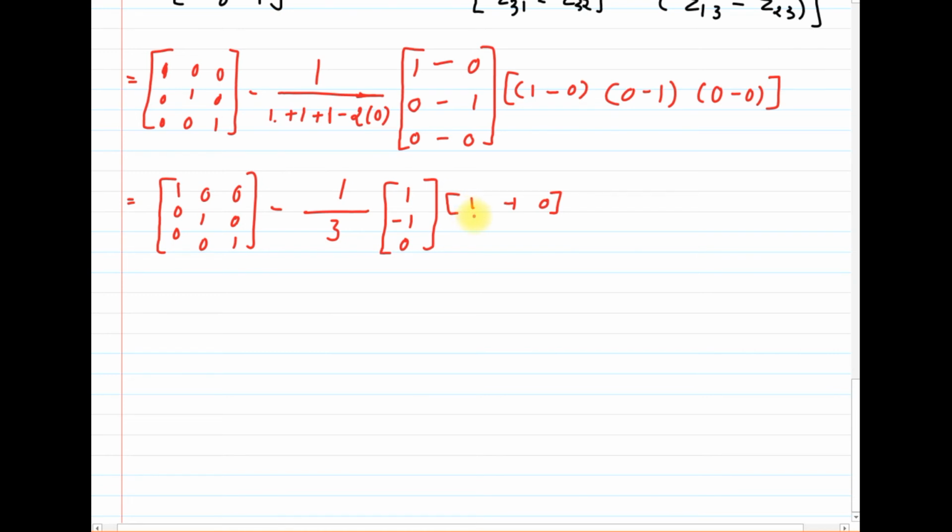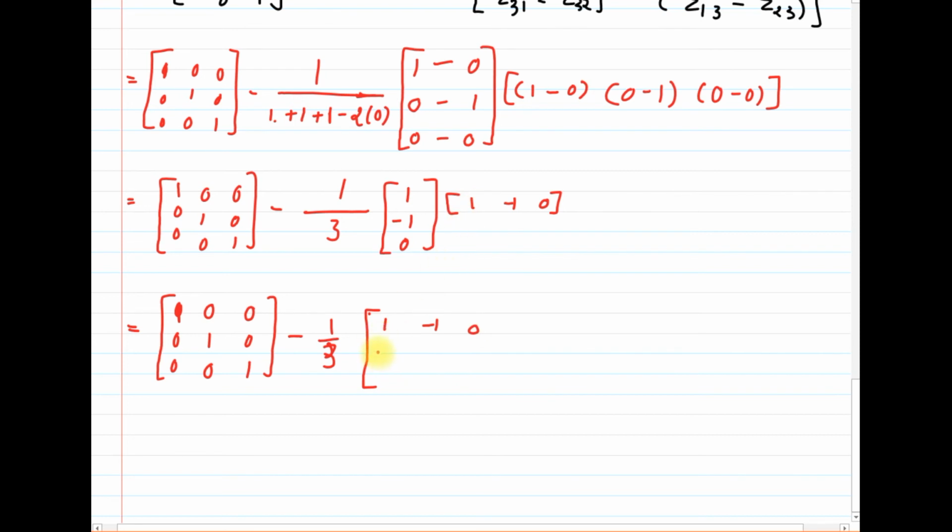Yes, I will write one more step for your understanding purpose. So we will get 1 0 0 0 1 0 0 0 1 and minus 1 by 3 into bracket the matrix multiplication: 1 into 1 minus 1 and 0.